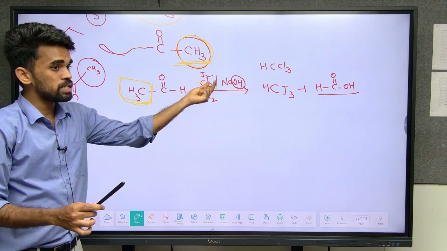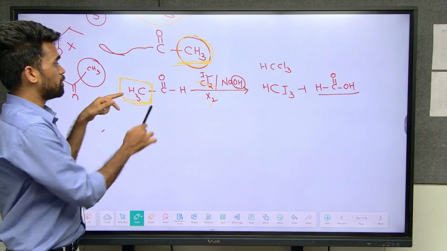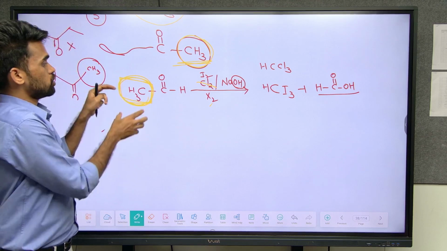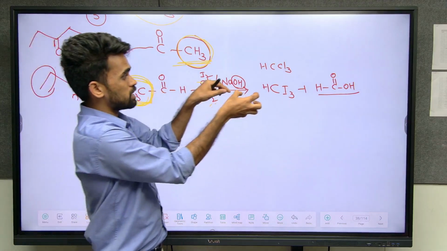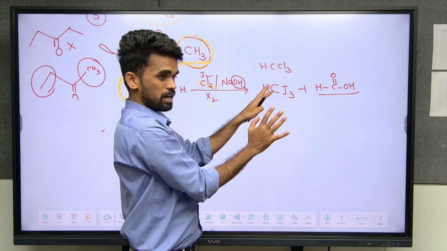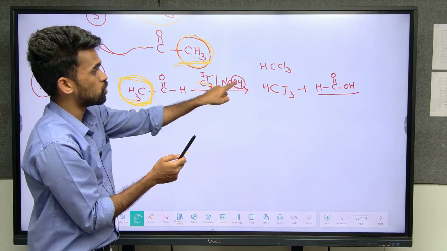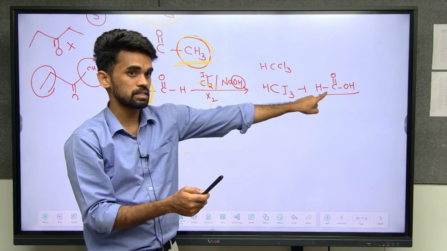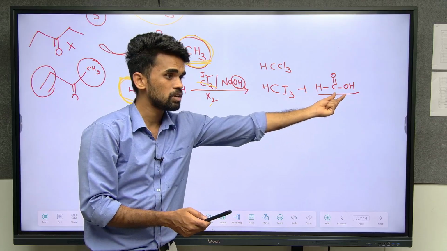In order to show this iodoform test or haloform test, what is the criteria? Methyl group. This alpha methyl group should be there. So now you remove that methyl group and convert into respect to haloform. Here if iodine mentioned, iodoform you write. Done up to here. Next remaining fragment is there, na? To that you give this OH minus. You will get respect to carboxylic acid. So what are the final products? One is haloform, another one is carboxylic acid.